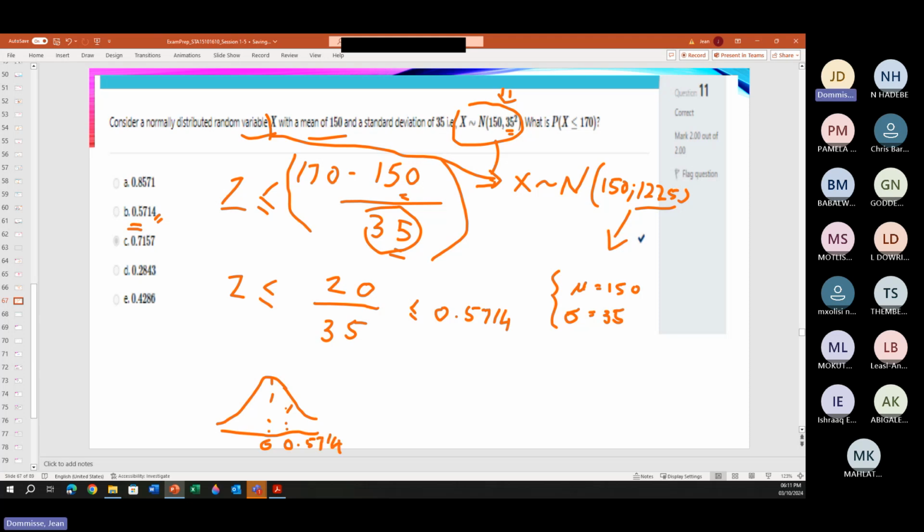And let's just, it's smaller than that, so it will be something that is bigger than 0.5. So it's not E, it's not that one. So it is any one of those three, and it will be scary if it is actually option B. But let's go and look at Z equal to 0.57.